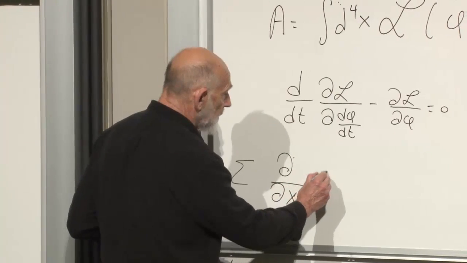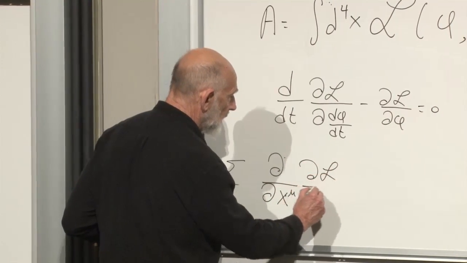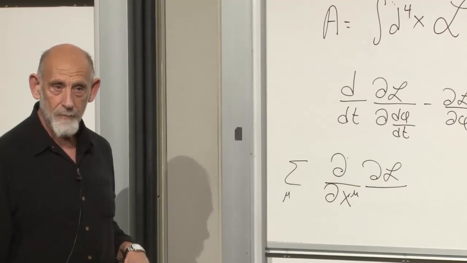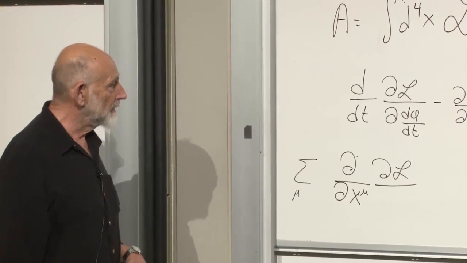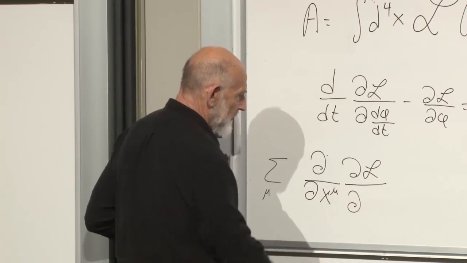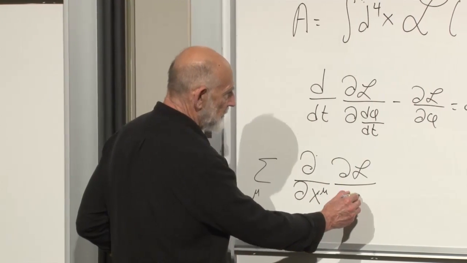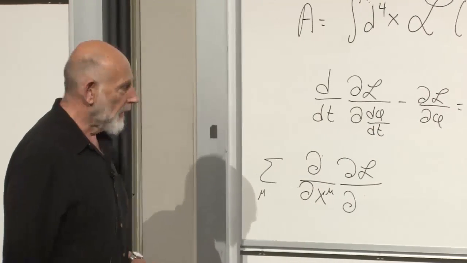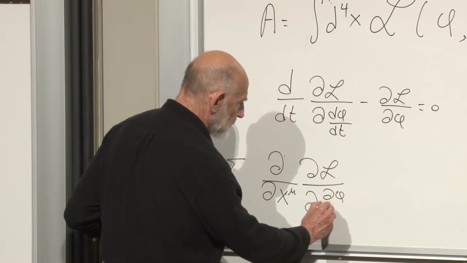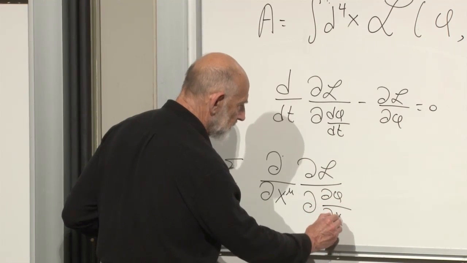The derivative of the Lagrangian with respect to what? What would you guess? One possibility is that it's just d phi by dt. No, that's right. It's derivative of phi with respect to x mu.